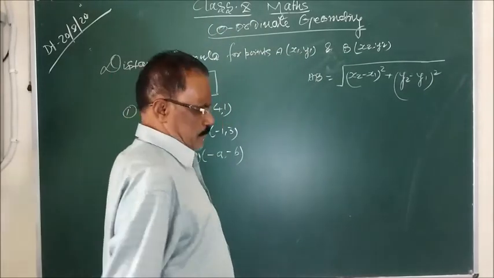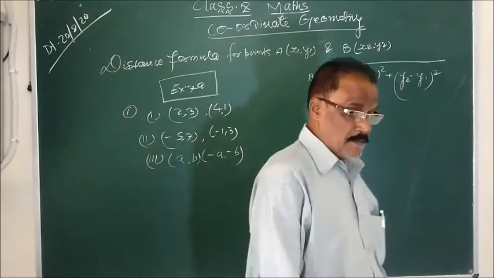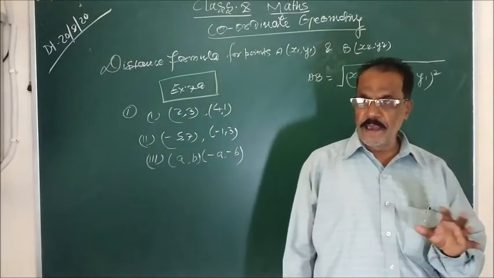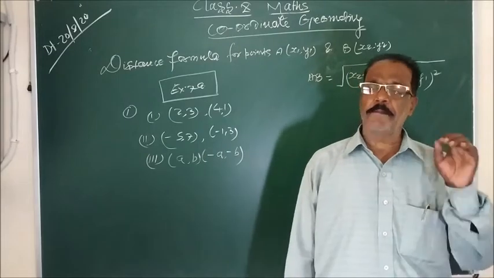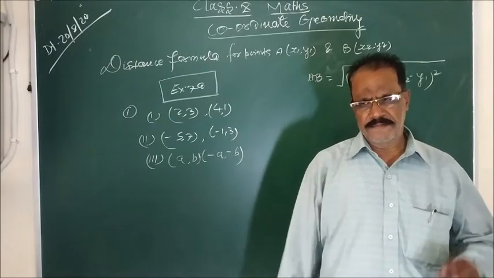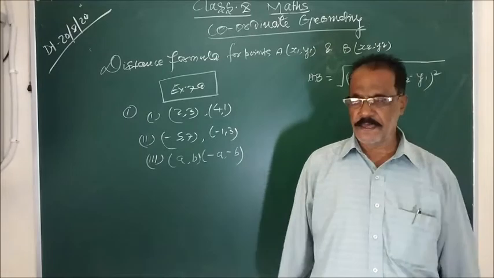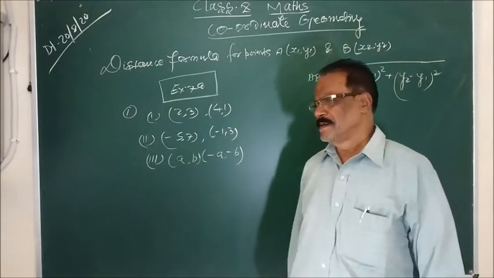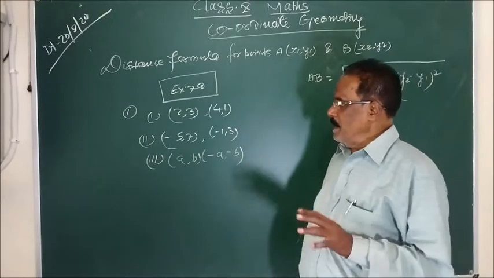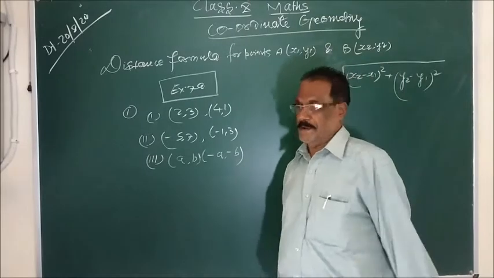First, a few formulas we have, and one I would like to remind you: area of triangle. This exercise has been deleted. So area of triangle we have to forget.